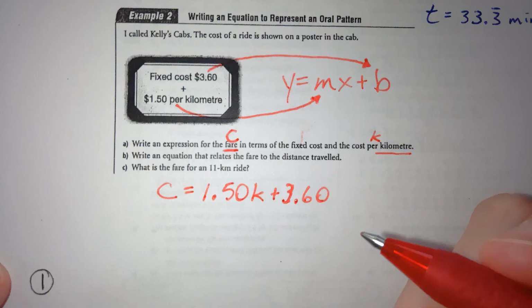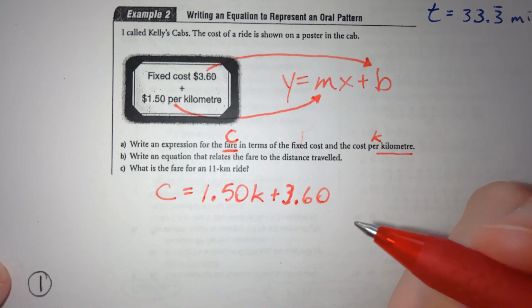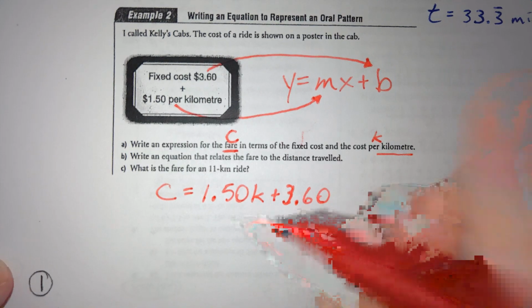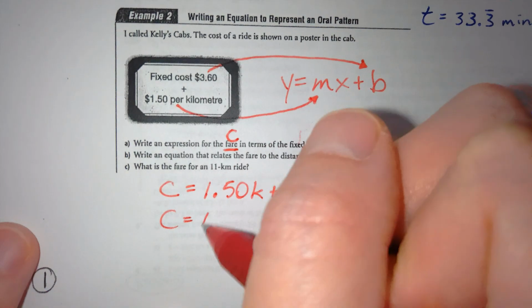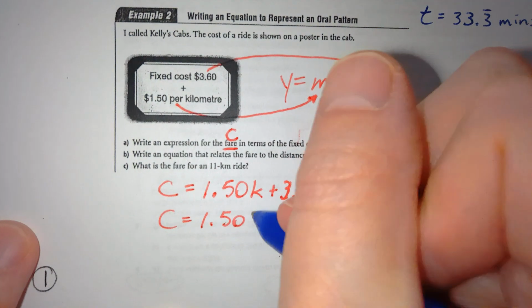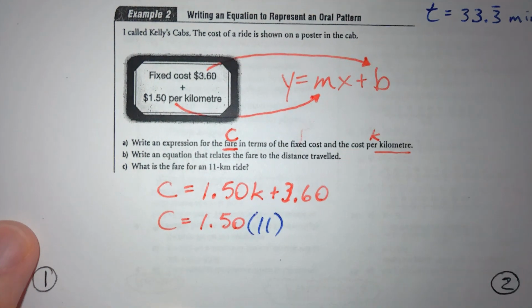And then what is the fare for an 11-kilometer ride? Am I replacing the 11 for K or for C? K. Good job. So 1.50 times 11. Right, Ariana?